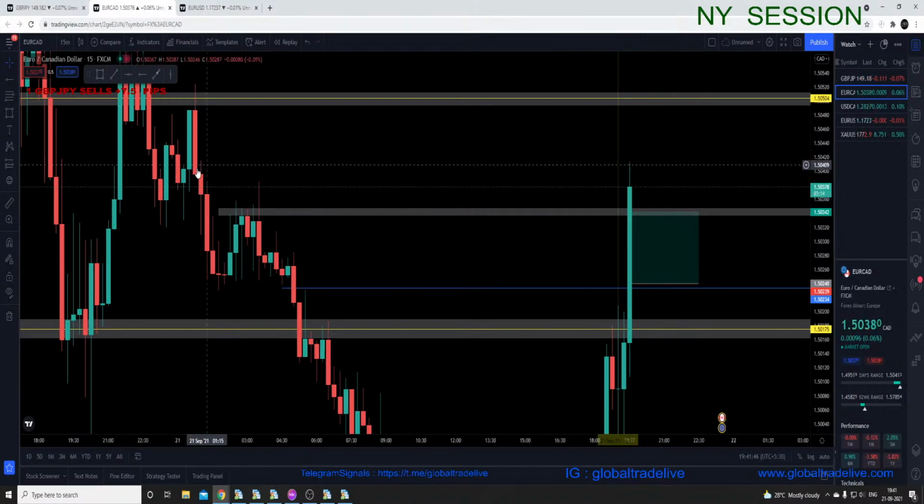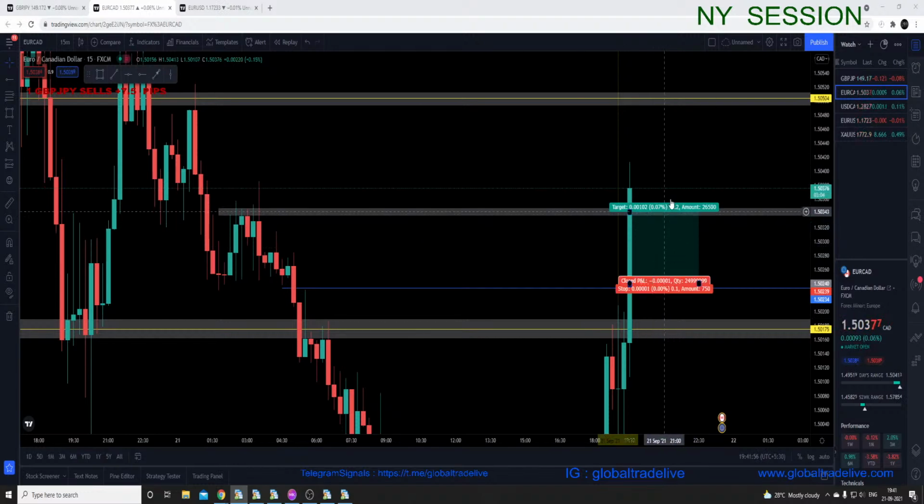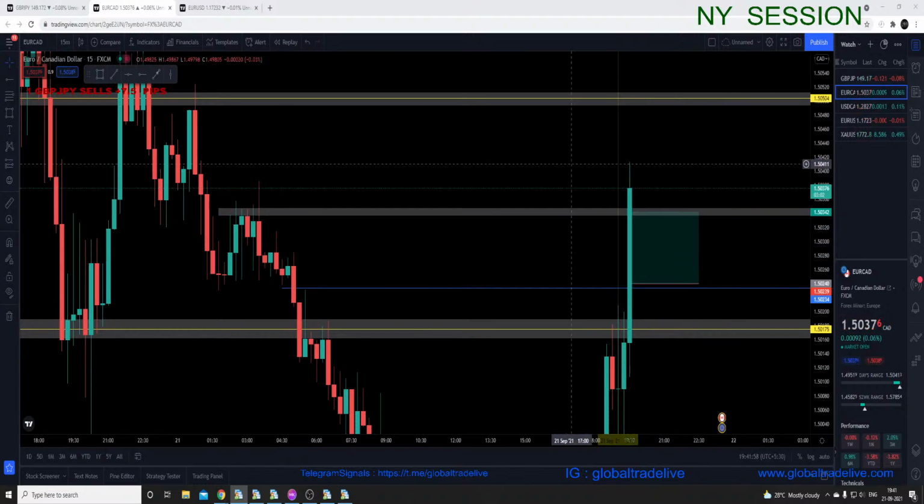Because now it just broke above this high also. So I think three more minutes left. I'm gonna wait for this candle to close.